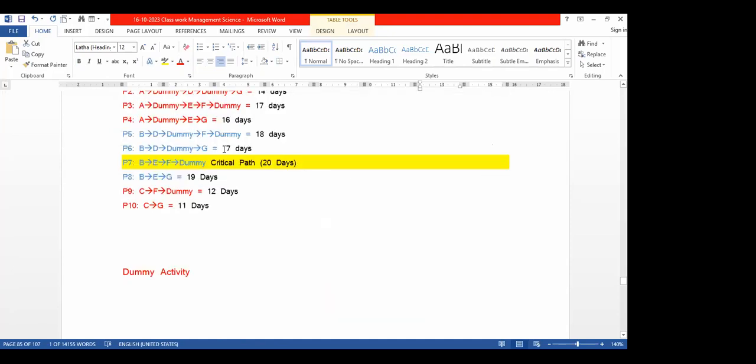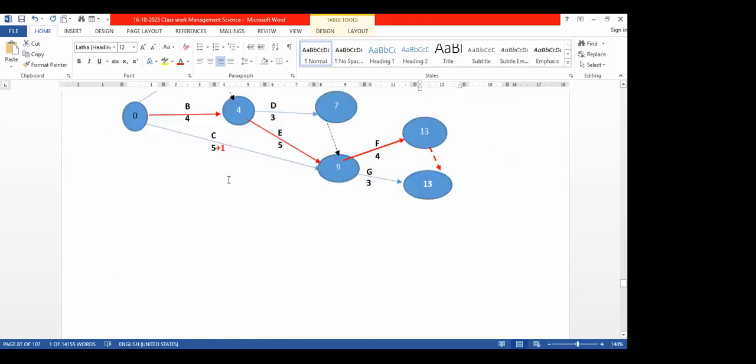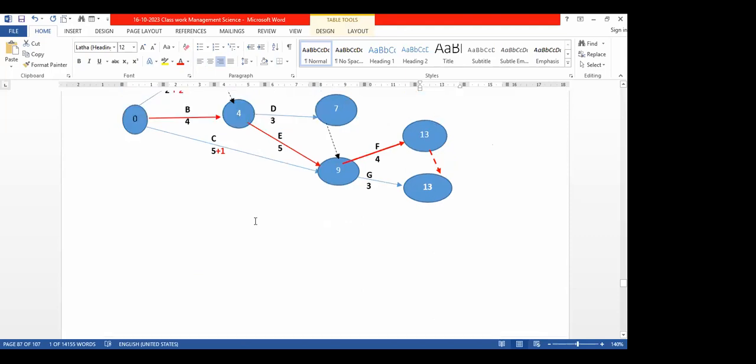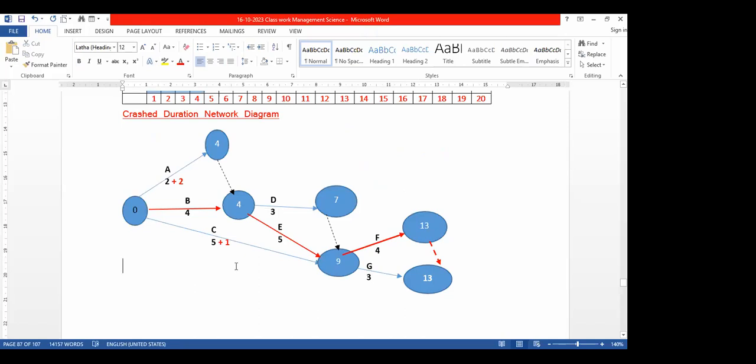Try to understand. It may be a little difficult to understand. Try to think about it. Then the non-critical activity is which one? Look at the D. D, how many days are there?